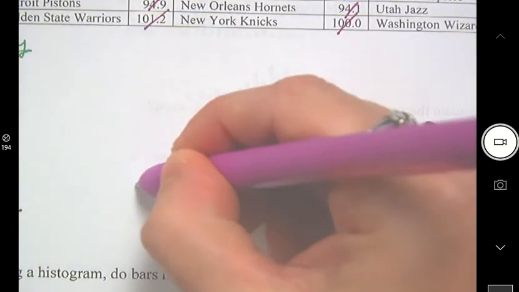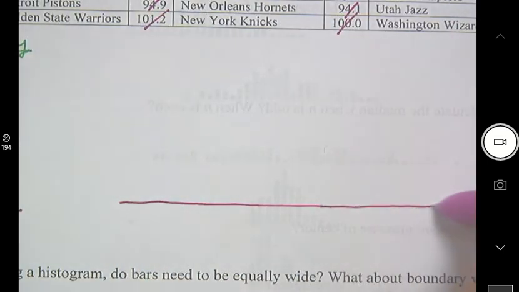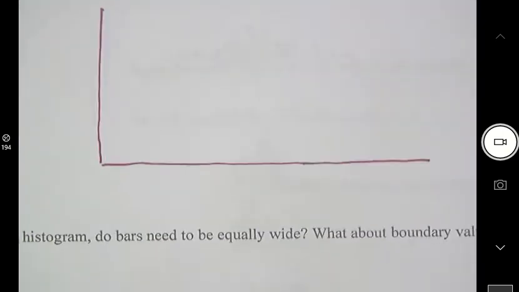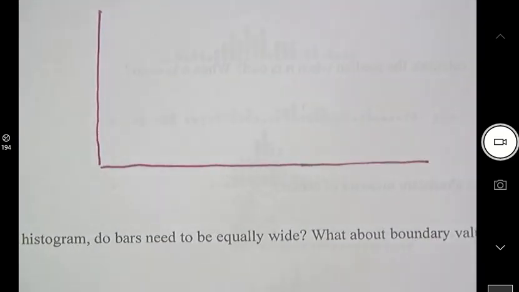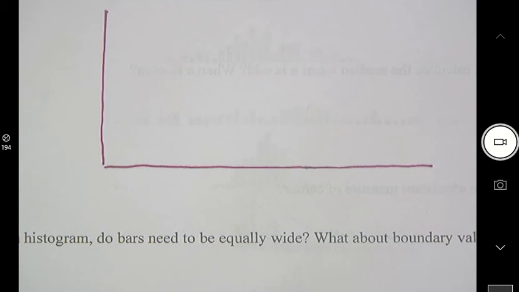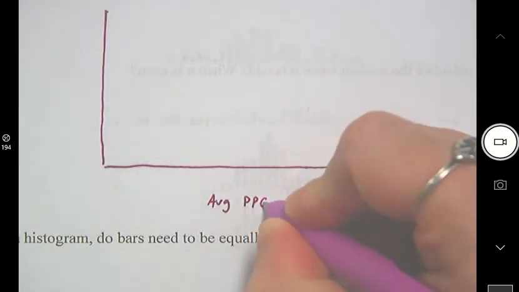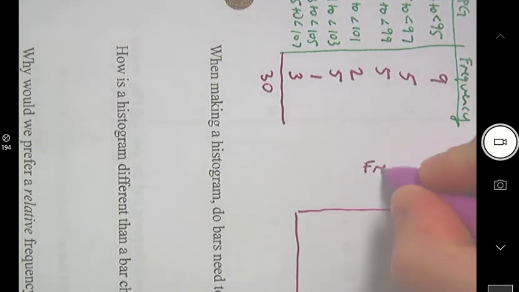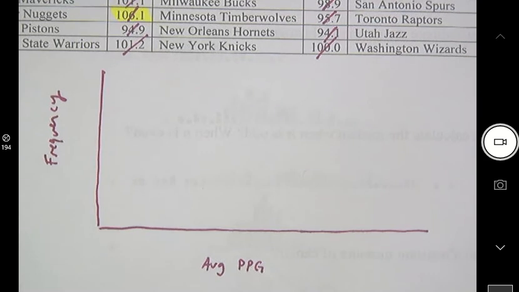So draw a horizontal axis and a vertical axis. We need to title those. This is going to be average points per game. This is going to be frequency. There is a time and a place where you want to use relative frequency.